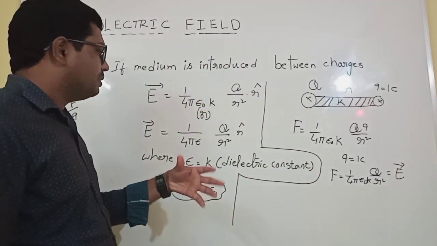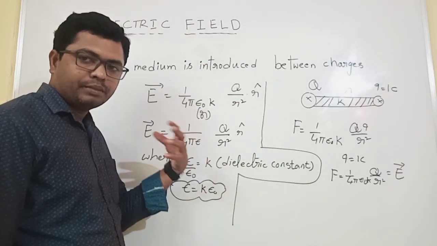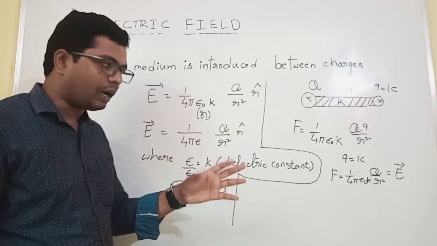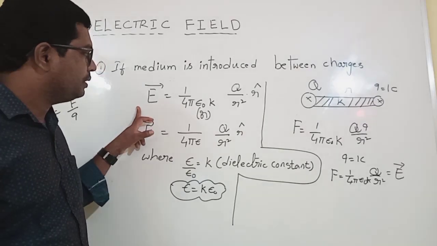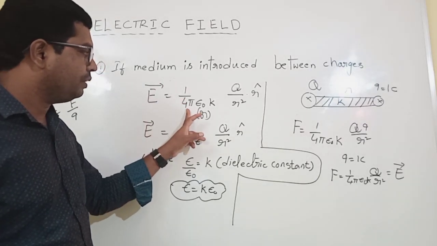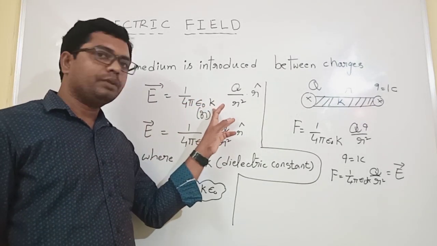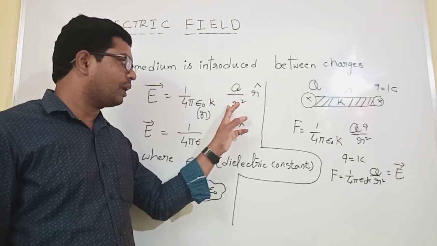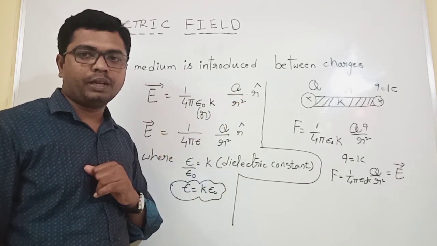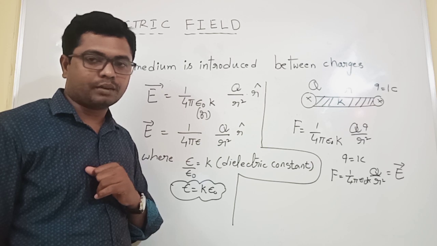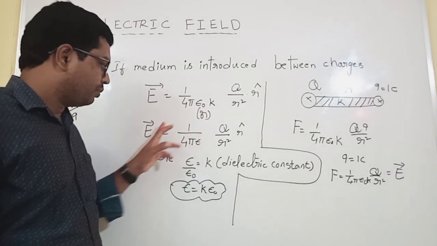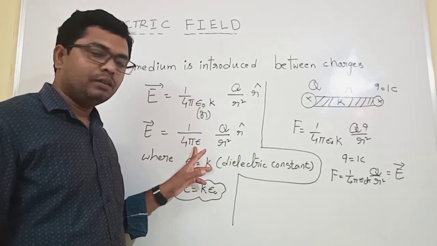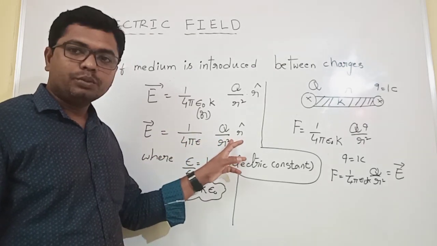If I change the medium between the charges, automatically the force also changes. The new electric field E is equal to 1 by 4 pi epsilon naught into K into Q by R square into R cap, where R cap is called the unit vector. Now the electric field E bar is equal to 1 by 4 pi epsilon Q by R square into R cap.